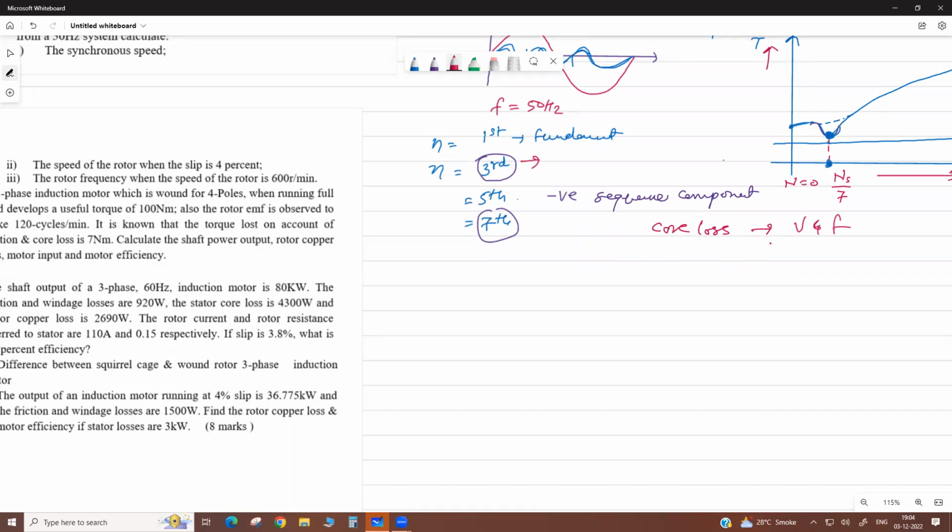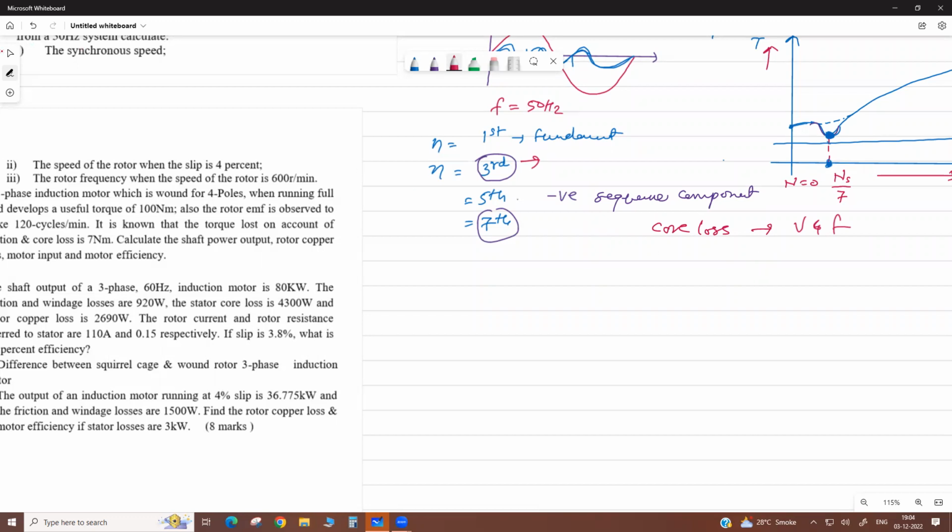One question that is asked: what are the causes of overheating? Overload, harmonics present in the supply, overload and under voltage also, because under voltage the motor draws more current. Then single phasing.